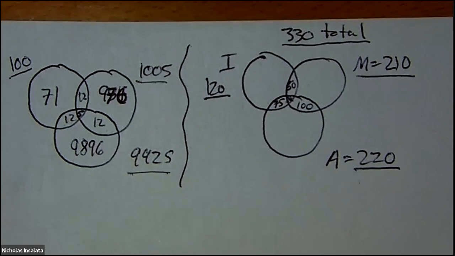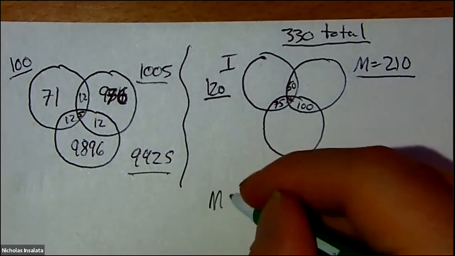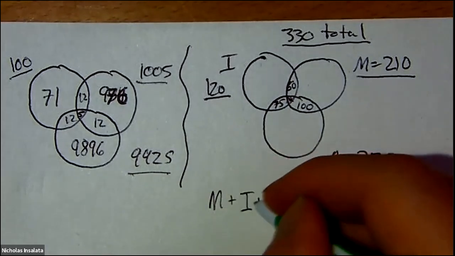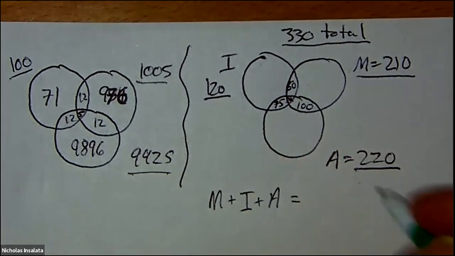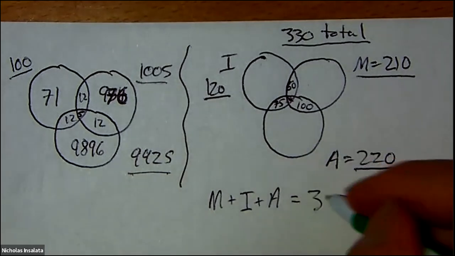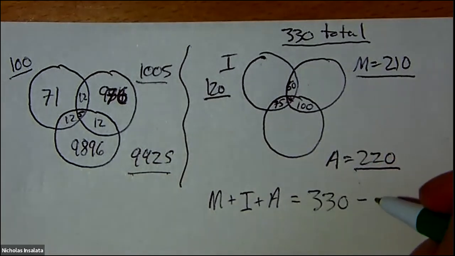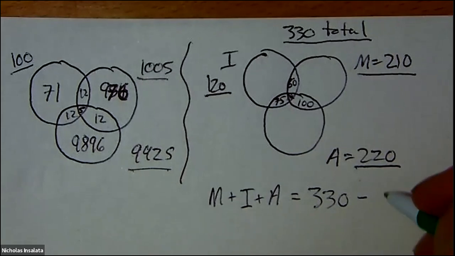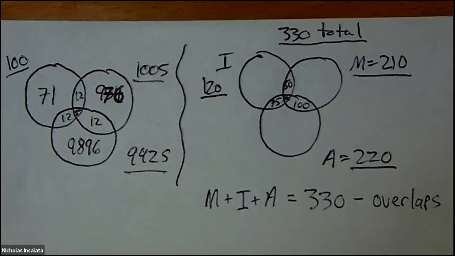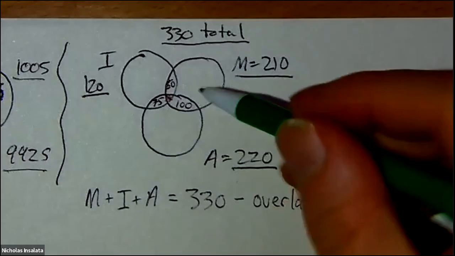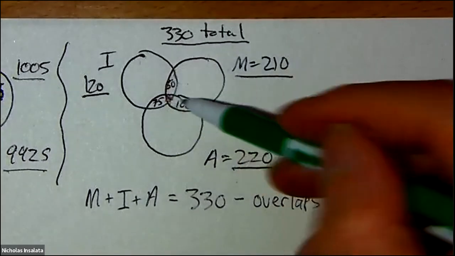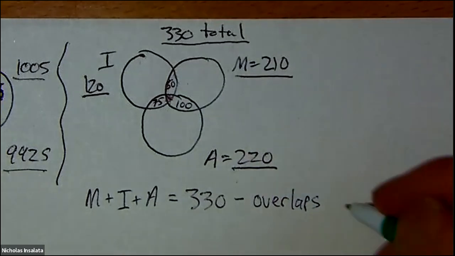Okay, so you've got a formula there, David. You have M plus I plus A equals 330 minus all the overlaps, that's the two set overlaps, then plus the center.